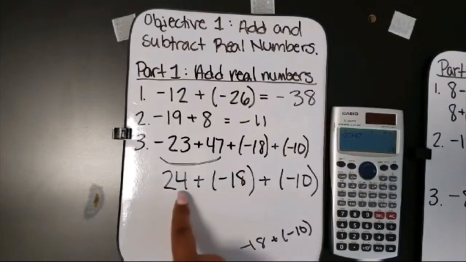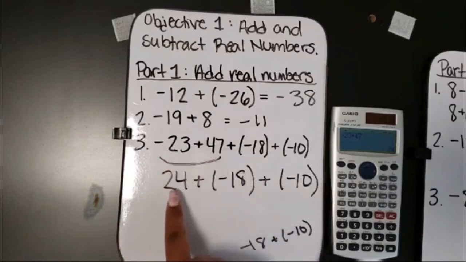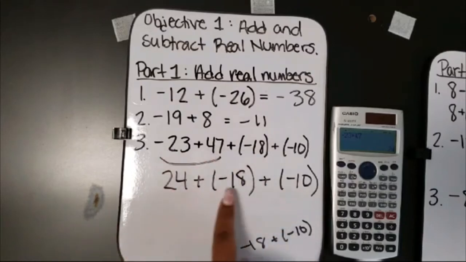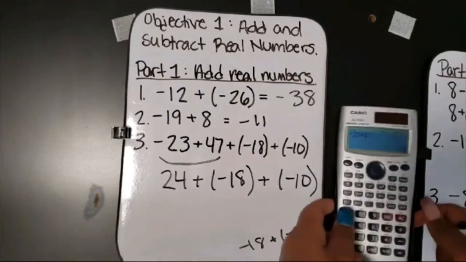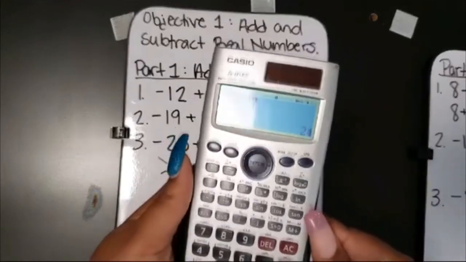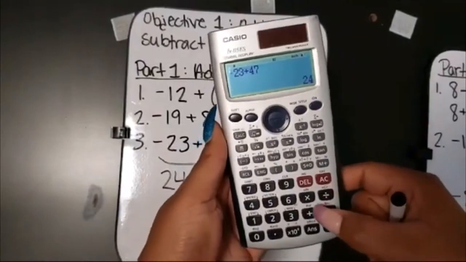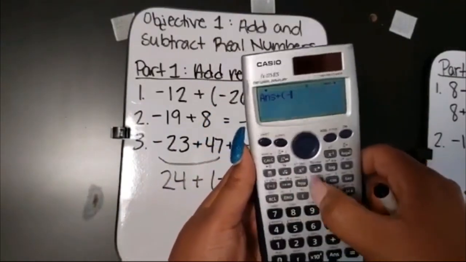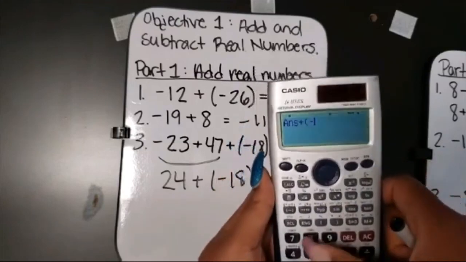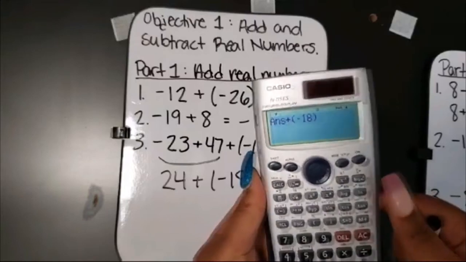So we can keep going from left to right as we started out doing. So we can do 24 plus negative 18. So in your calculator, you should already have the 24 in there. So all you have to do is do plus, open parentheses, negative sign, 18, close parentheses.